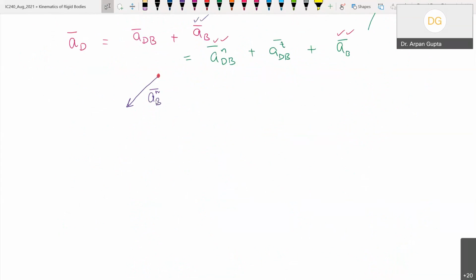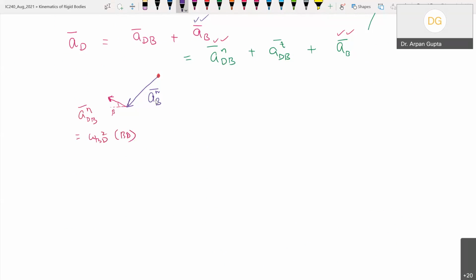Let's make it a little shorter, since the omega value was less. So this is at an angle of beta, and this is ADB normal acceleration, whose value is omega BD square times BD.